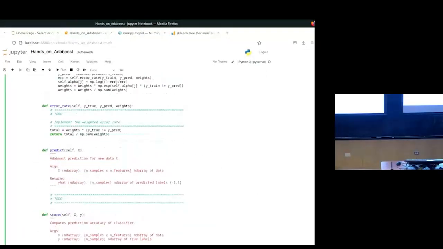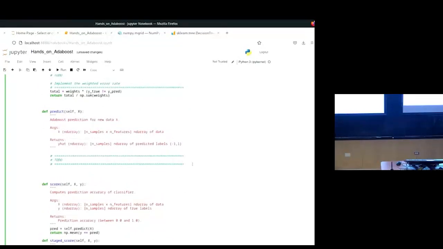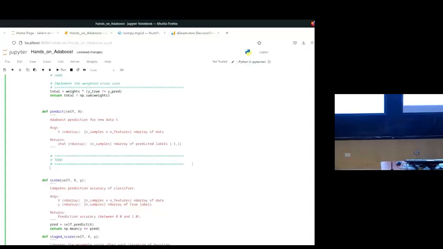So we're going to predict. I have my x here. What's the easiest way to do it? Let's just do it the lazy way. Let's do y-pred equal np.zeros, x.shape[0]. It's not x train, just x.